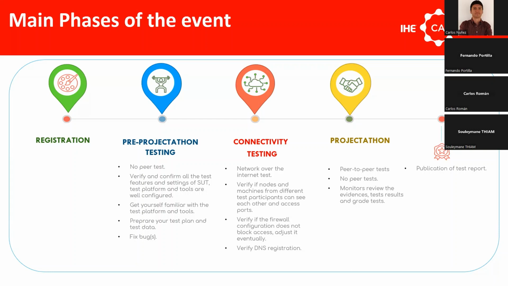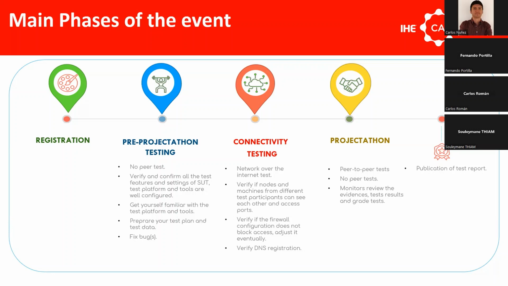And once the test is executed, the monitors are from Raxel side. So they will review the evidence, check the results, and then grade the test by saying this test is okay or this test is failed. So this is what we are doing for the 3 days of the event.